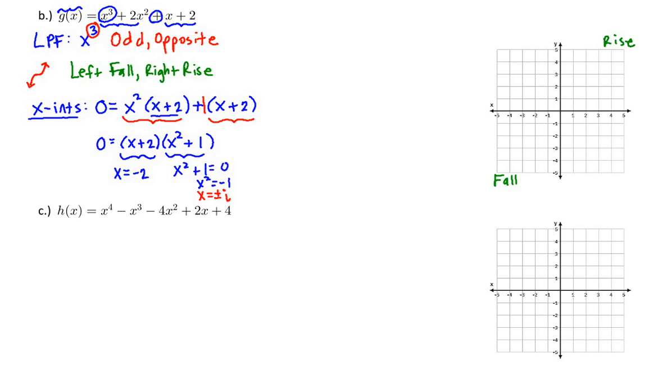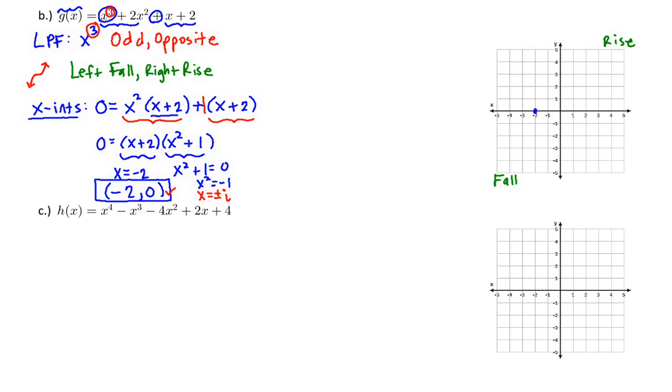Don't forget, imaginary zeros don't correspond to x-intercepts. So it looks like we're just going to have one x-intercept on this graph, and that's the ordered pair negative 2, 0. Now, even though this is a degree 3 polynomial and we would anticipate at most 3 x-intercepts, the key phrase there is at most. It can have 3 or less x-intercepts.